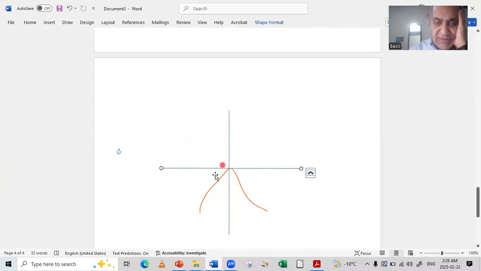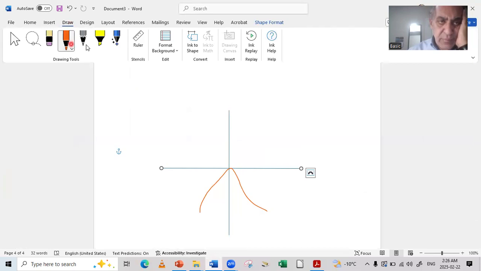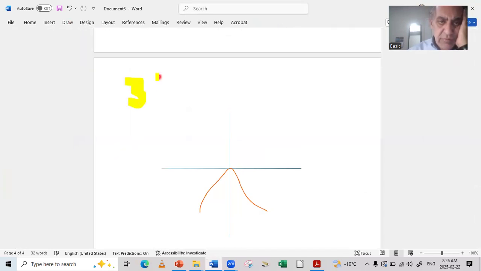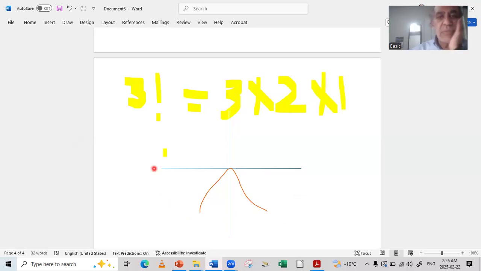Just one second, let me do it for you here. 3 factorial will equal 3 multiplied by 2 multiplied by 1, so this will equal 6.